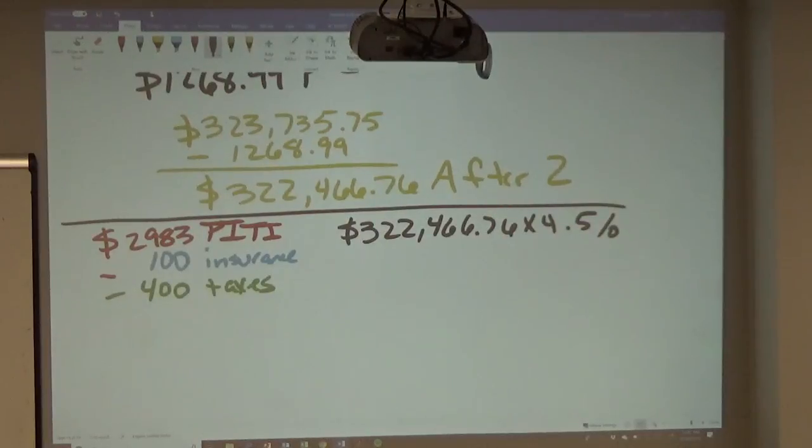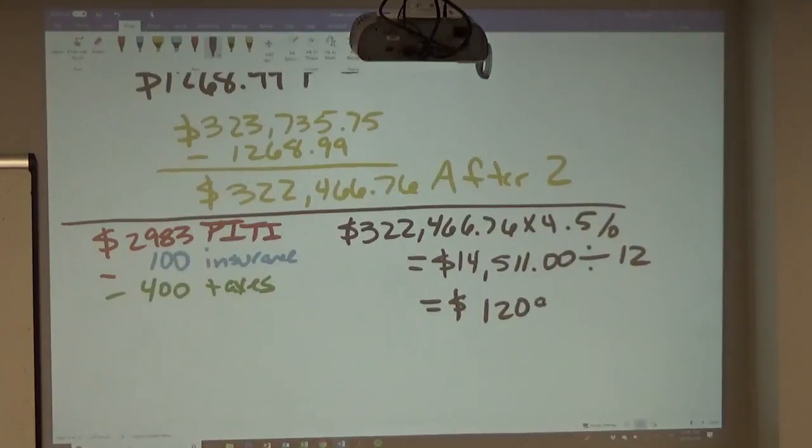$322,466.76 times 4.5%, and that equals $14,511 even in annual interest, divided by 12, because we want to break that down to monthly. So that equals monthly interest of $1,209.25 every month.